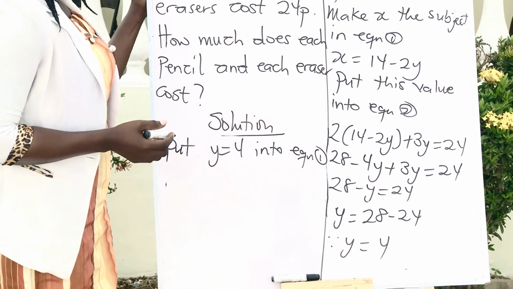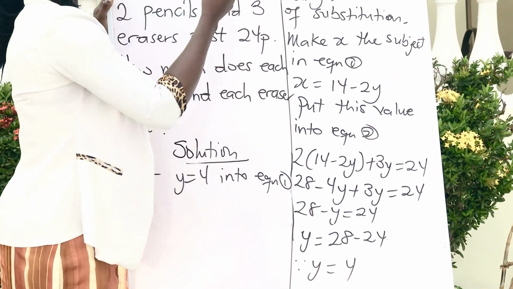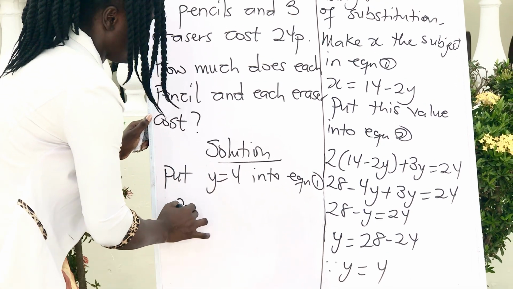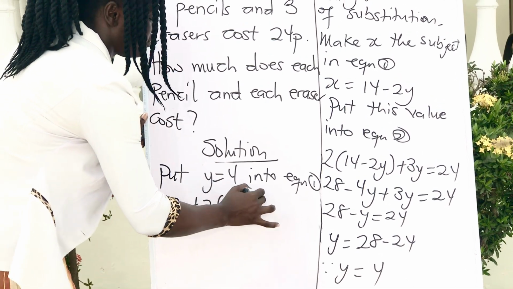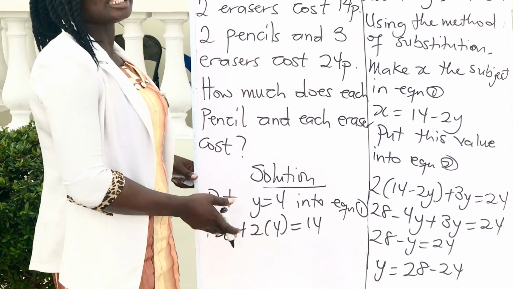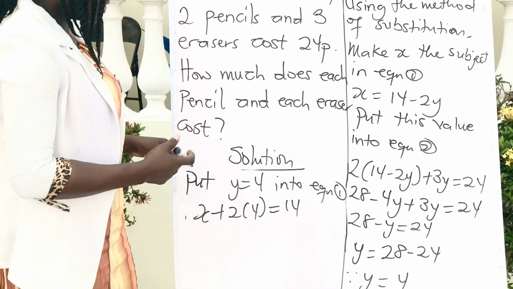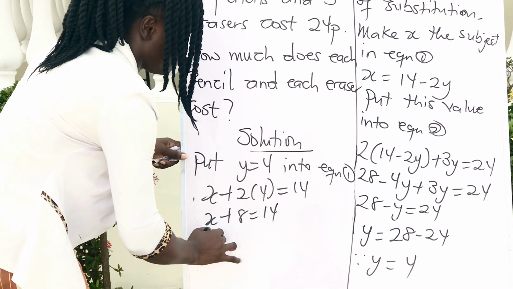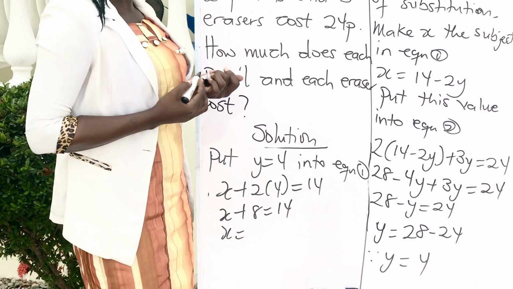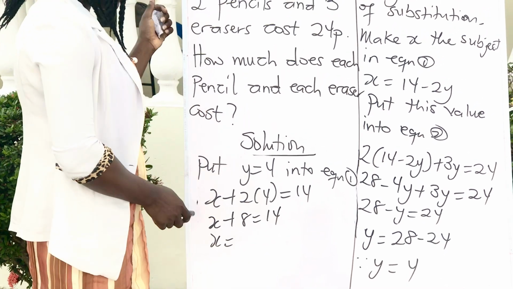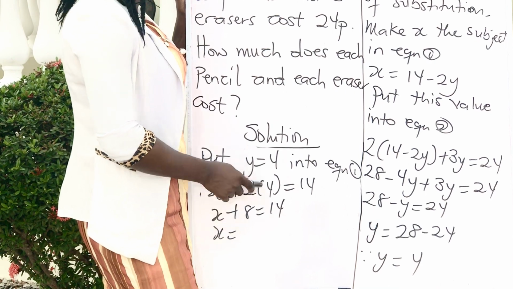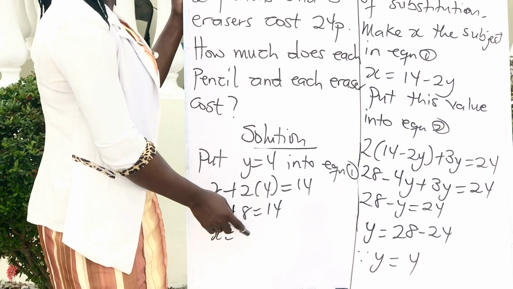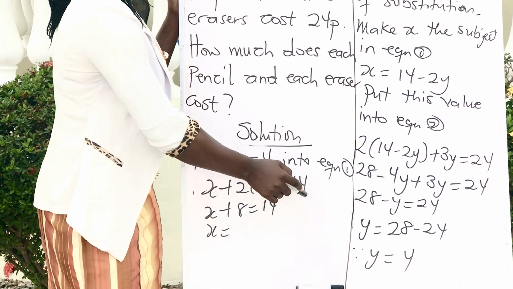So in this case, wherever we see Y in equation 1, we put 4 over there. Then we expand our bracket over here. We want X to stand alone. So we move the 8 to the other side of the equation to give us X equals 14 minus 8.